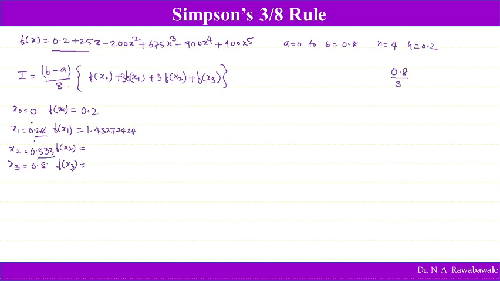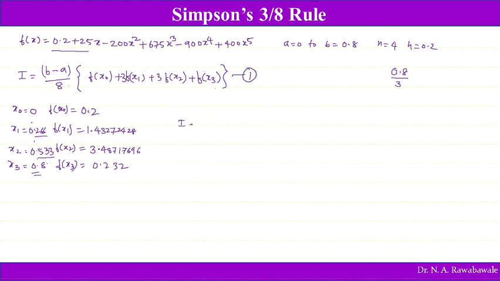If we substitute 0.533 in this equation, then we get 3.48717696, and if we substitute 0.8, then it is 0.232. So we substitute all these values in the first equation for Simpson's 3/8 rule.